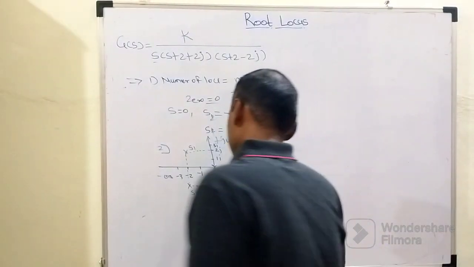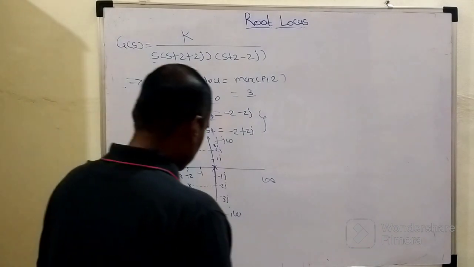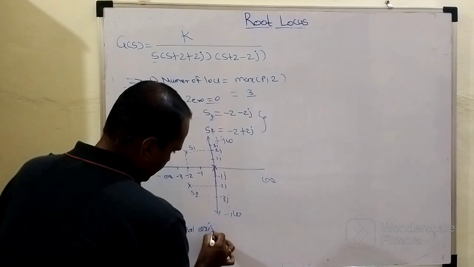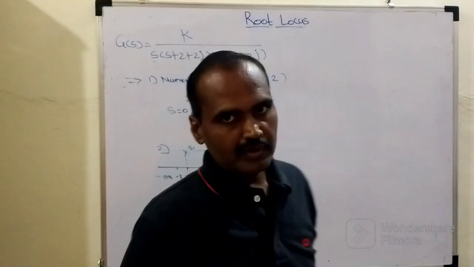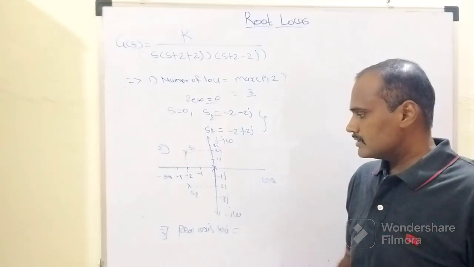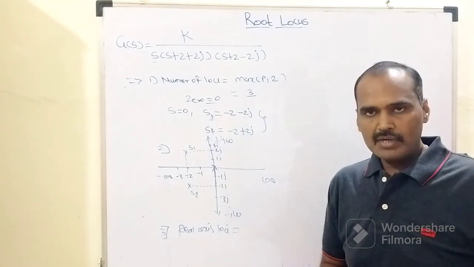Then, within step number 3, we need to find out the real axis loci. Real axis loci means the starting and ending points of our root locus, which we need to determine. For that purpose, consider the first pole, located at origin, as a reference pole.